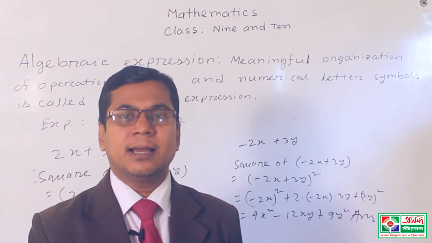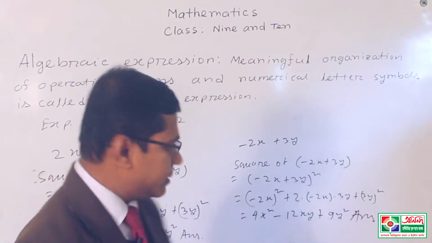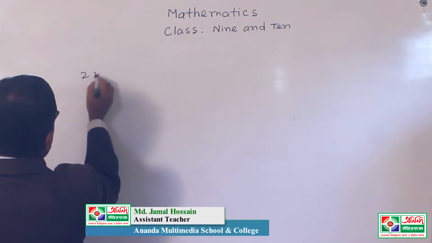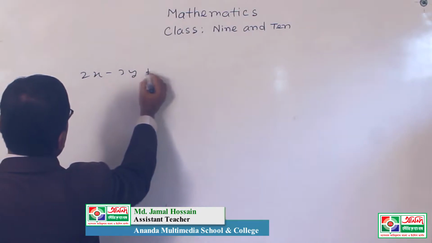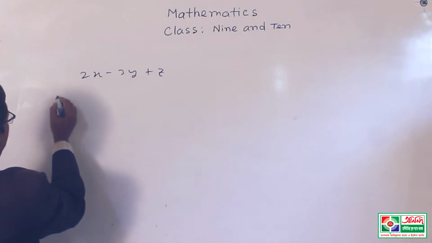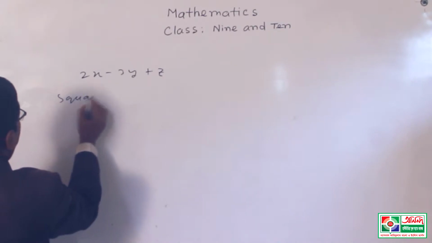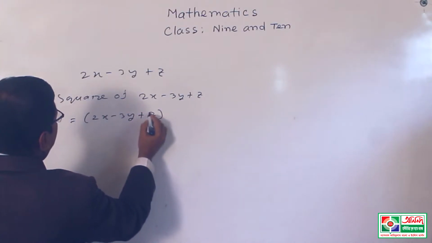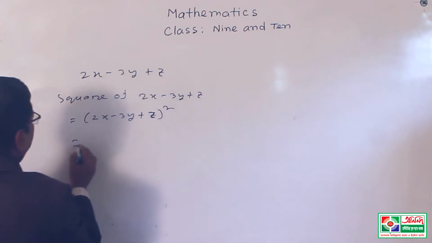Now we can find the square of three terms. Look at, if the expression is 2x minus 3y plus z, so at first we can write square of 2x minus 3y plus z, and then you can write (2x minus 3y plus z) whole square.